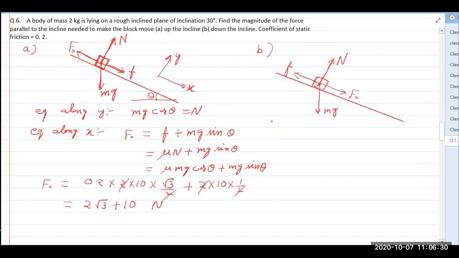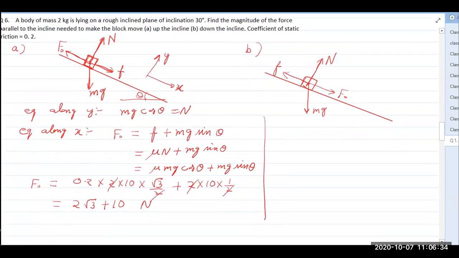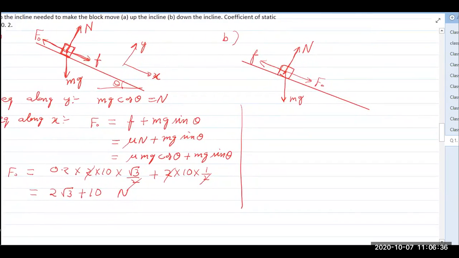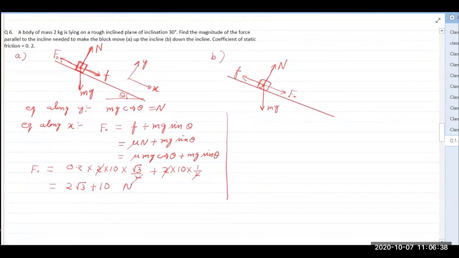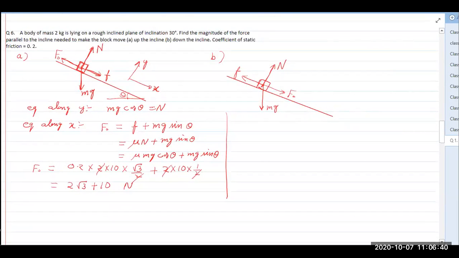Similarly, let us write it for moving down, the second case. One thing may happen: if mg sin theta is greater than friction, the object may slide without applying any force.